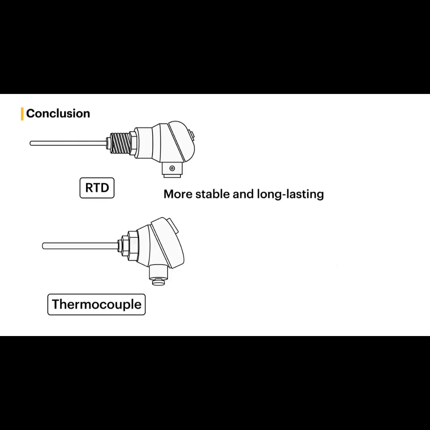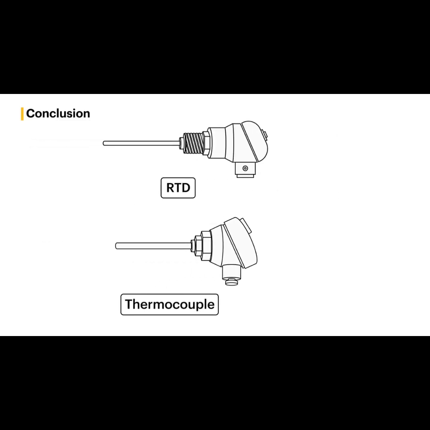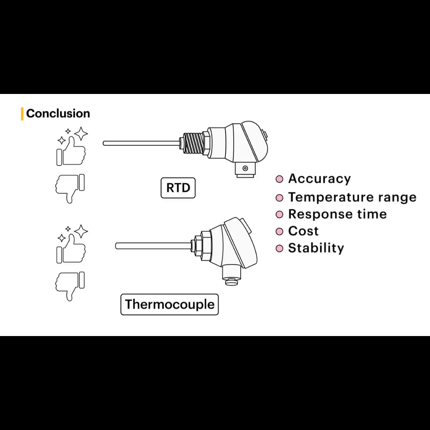RTDs are more stable and long-lasting compared to thermocouples, as RTDs are made of high-quality materials and are less susceptible to damage. As you can see, both RTDs and thermocouples have their advantages and disadvantages, and the choice between the two depends on the specific requirements of the temperature sensing application.